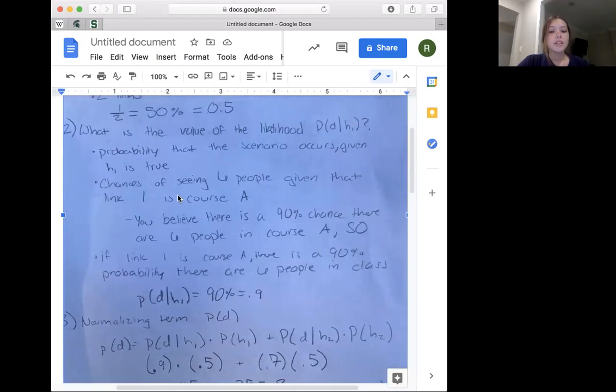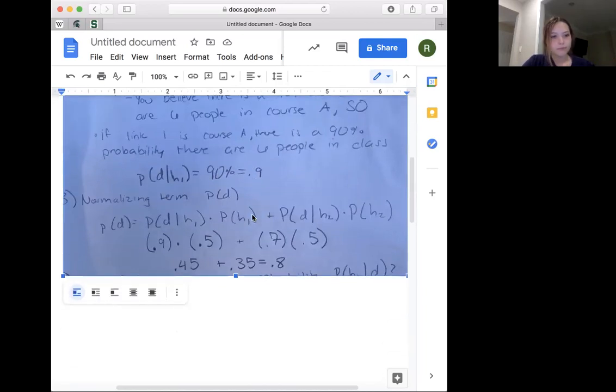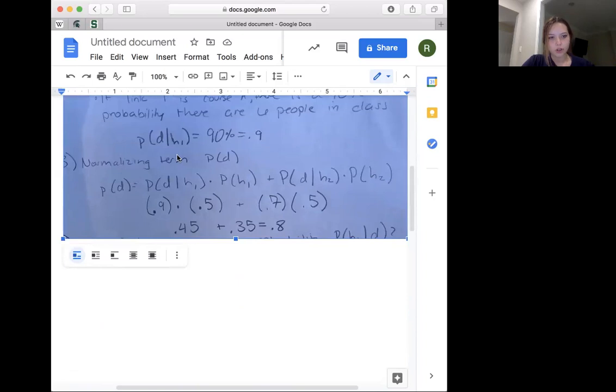Because you are 90% sure that there's 6 people in course A, this means that if link 1 is course A, you have a 90% probability that there are 6 people in that class. So 90% or 0.9.